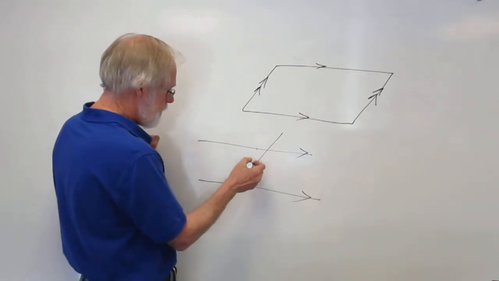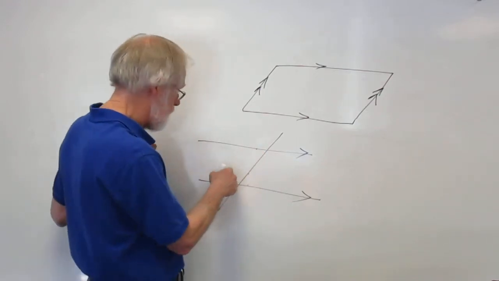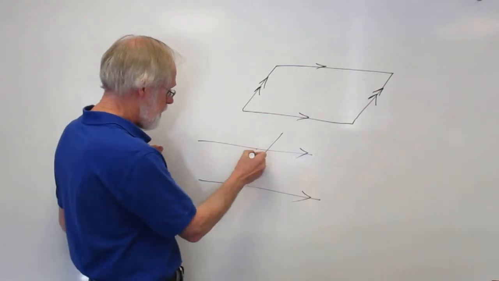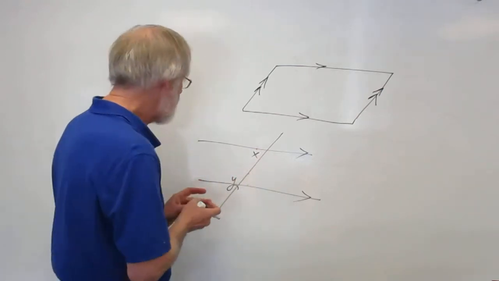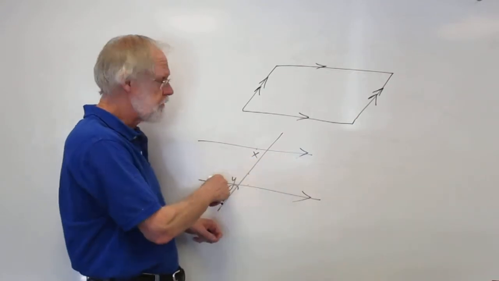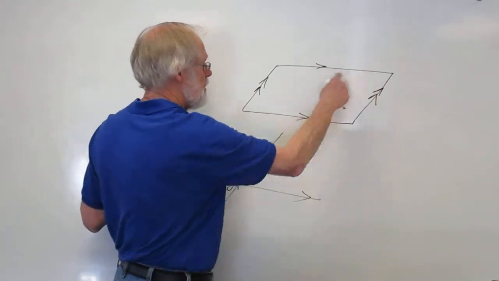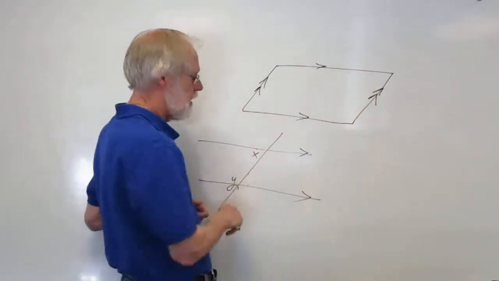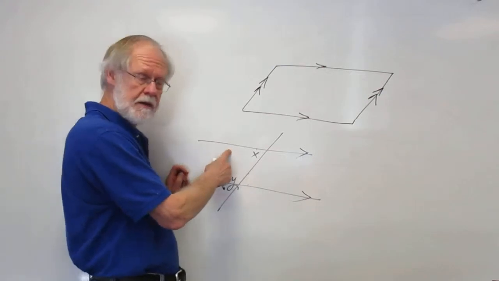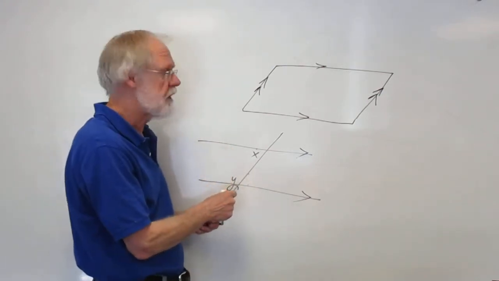Consecutive angles were angles that were one right after another, also called consecutive interior angles, as in x and y. And you may recall that the sum of x plus y, if these lines were parallel, was 180 degrees. So that's one of the things that you're going to discover because you have parallel lines here and parallel lines here. We're going to be going back into chapter 3 to recall some of the things about parallel lines and transversals.